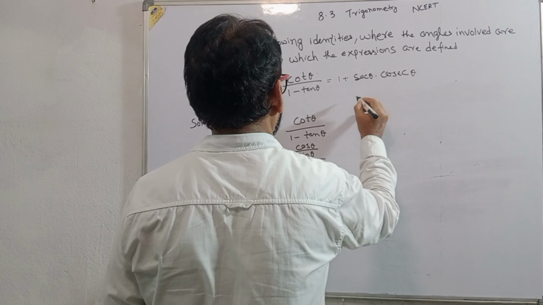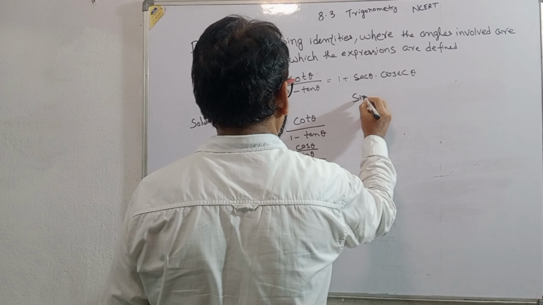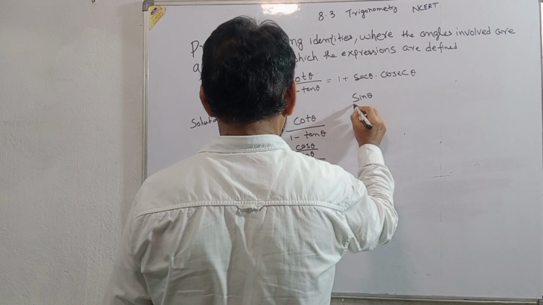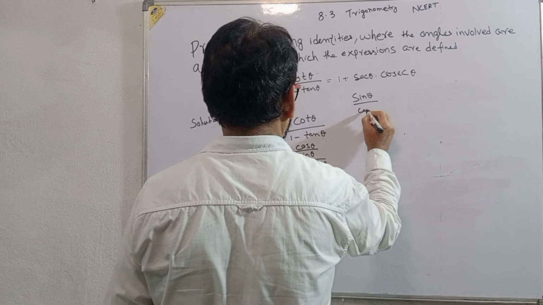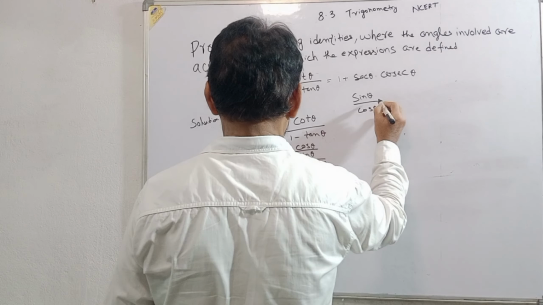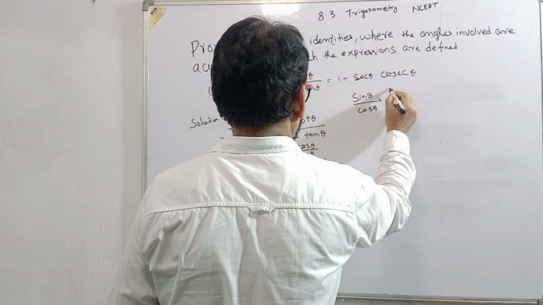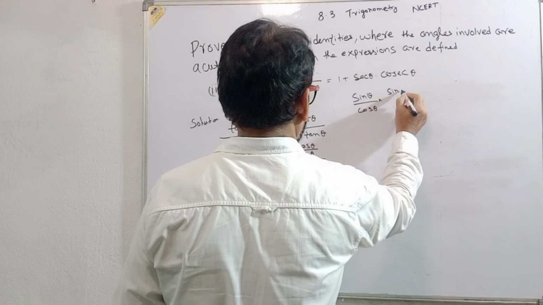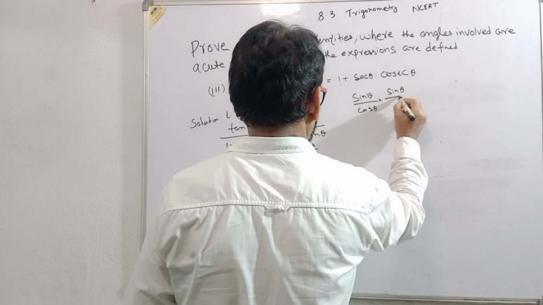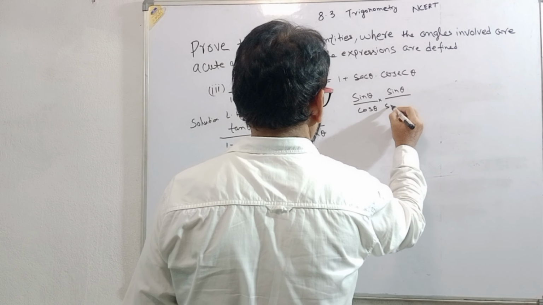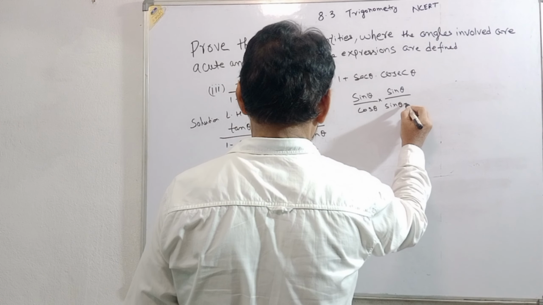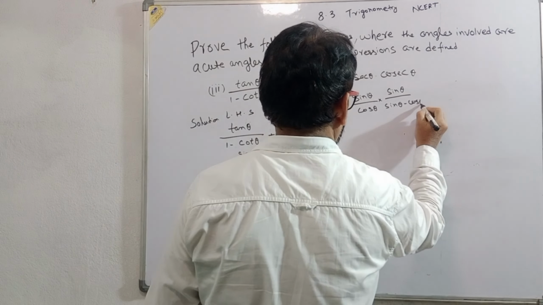Now sin theta divided by cos theta into sin theta divided by sin theta minus cos theta.